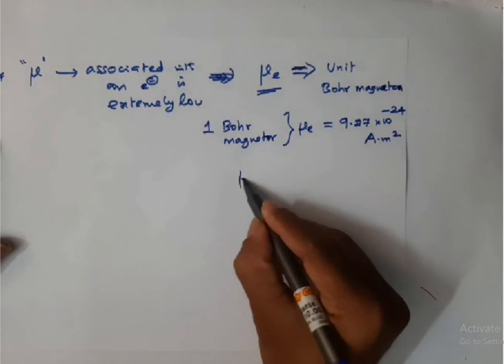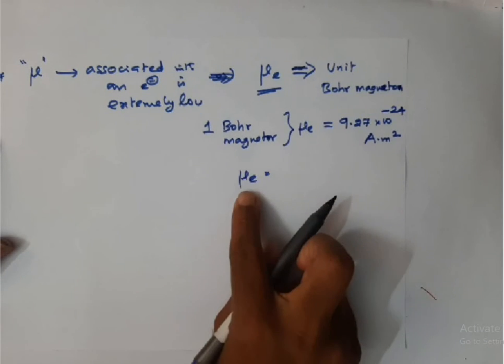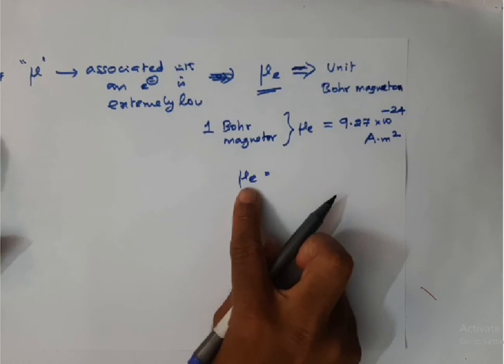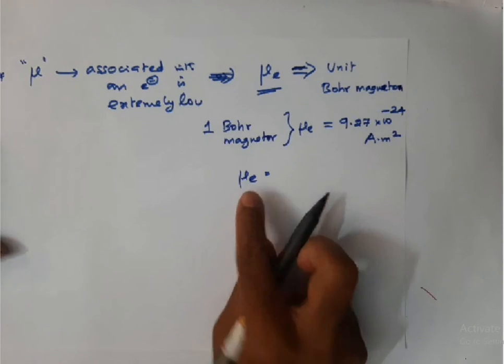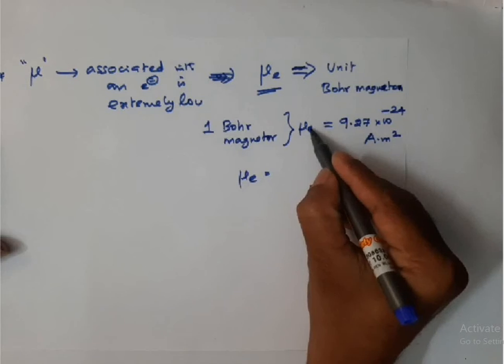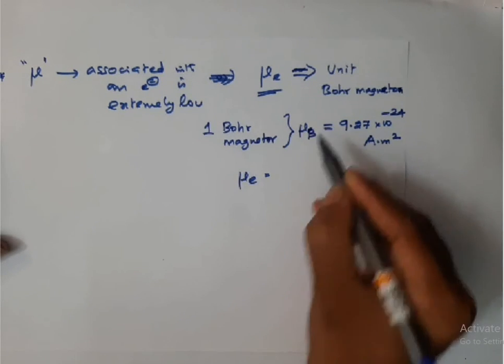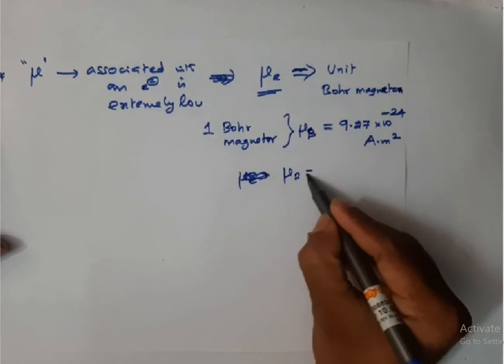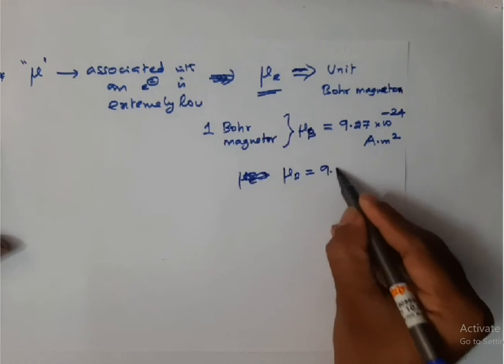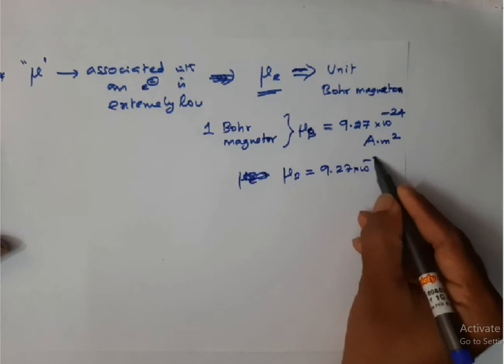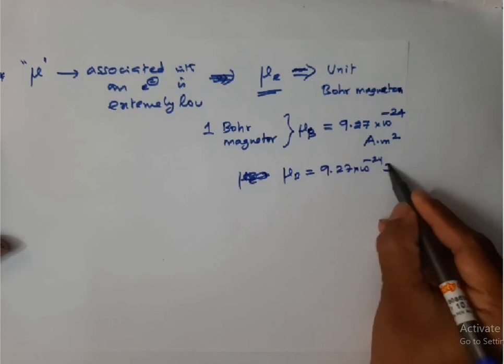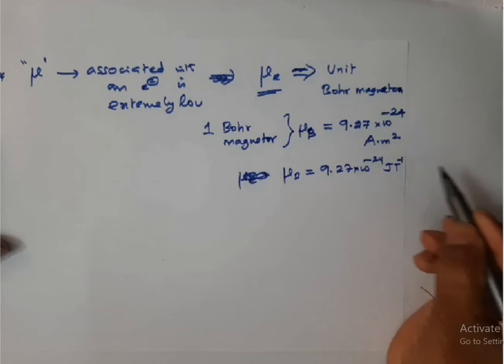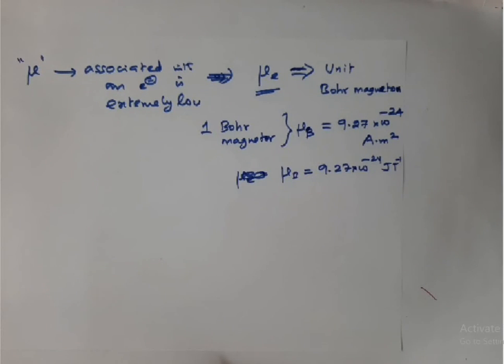Or, to avoid confusion, I'll write mu B for the Bohr magneton associated with the electron. It can also be given as 9.27 times 10 to the power minus 24 joule per Tesla.